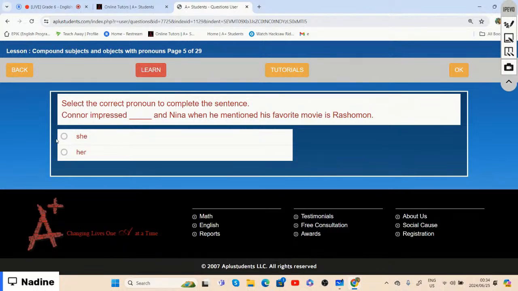All right, let's look at the next one. It says do we say Connor impressed she, or Connor impressed her and Nina when he mentioned his favorite movie is Rashomon? Look at the word impressed. That will basically tell us if we need to use a subject pronoun, which is she, or an object pronoun, which is her.